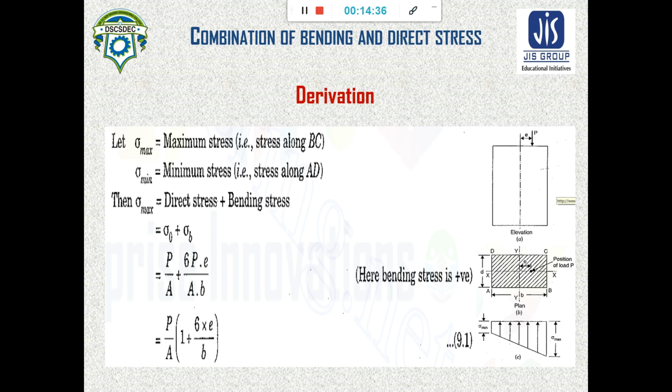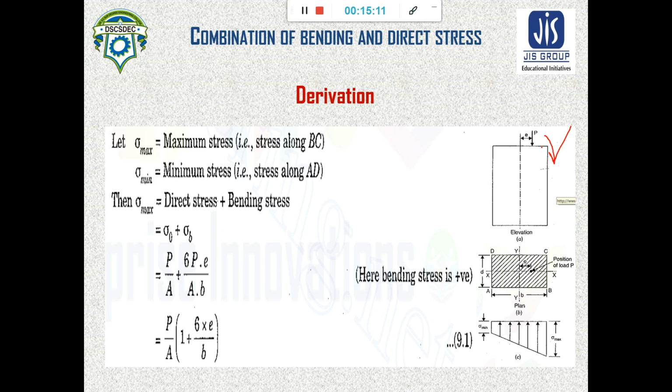In case of section bc, the bending stress and the direct compressive stress are the same in nature, so they are added together. So sigma max is equal to sigma 0 plus sigma b, or direct stress plus bending stress.